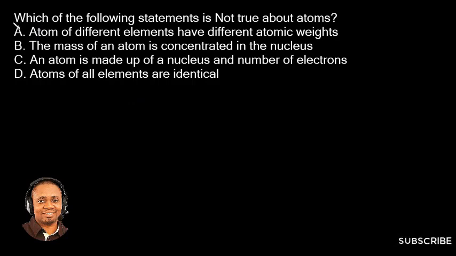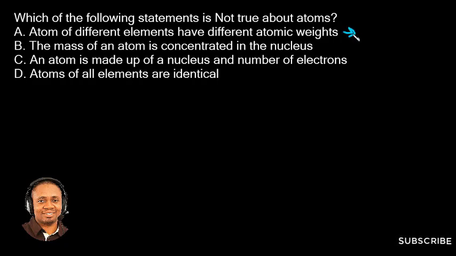This is question 39, JAMB Physics 2018, which goes thus: which of the following statements is not true about atoms? So we're going to go through the options to verify which one is incorrect. So option A, atoms of different elements have different atomic weights.